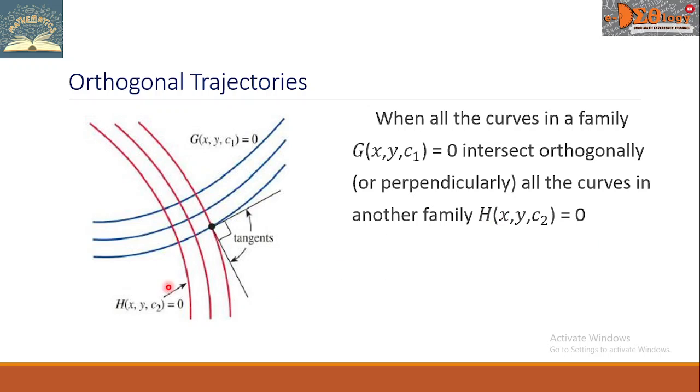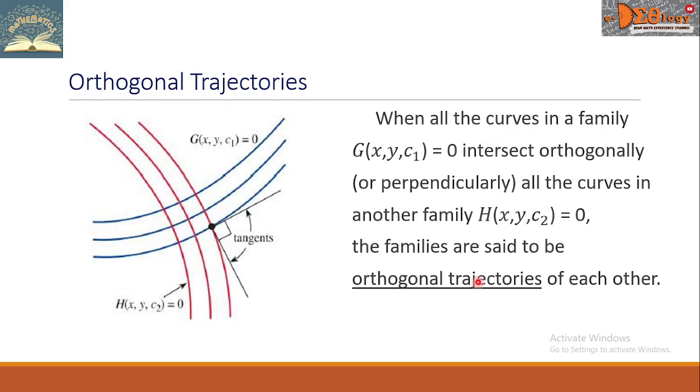Here are the graphs in red. The families are said to be orthogonal trajectories of each other.